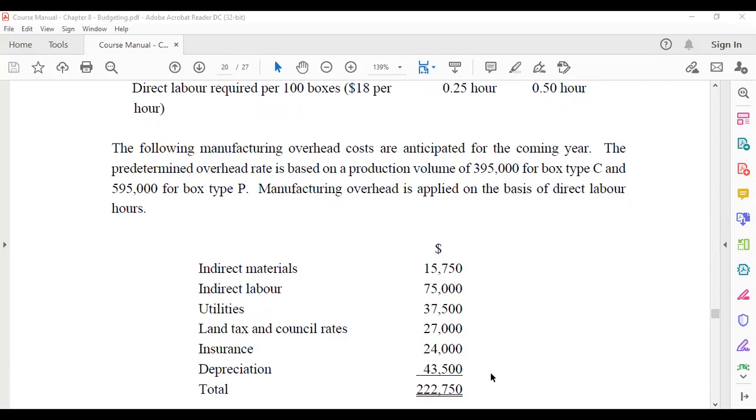So the total is also given. It is 222,750. The manufacturing overhead is applied on the basis of direct labor hours. The predetermined overhead rate is based on the production volume of 395,000 for box type C and 595,000 for box type P.